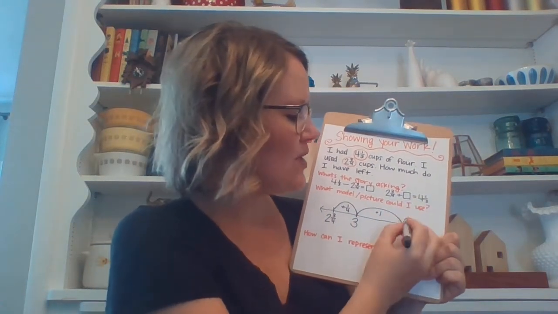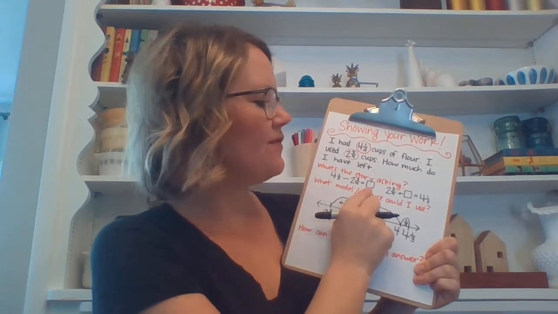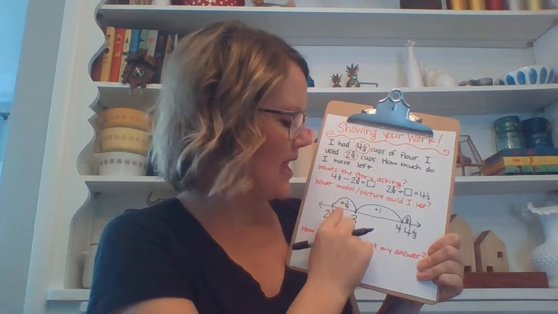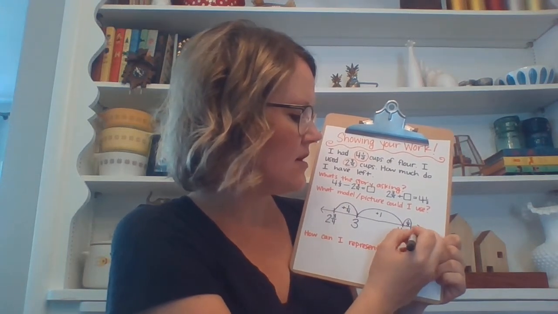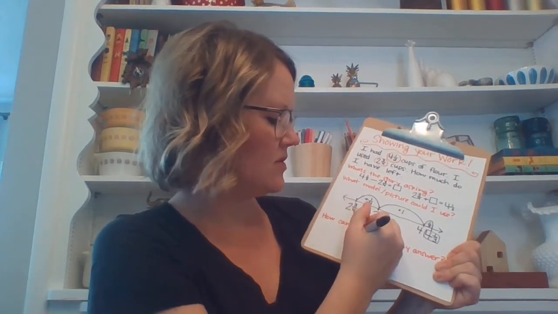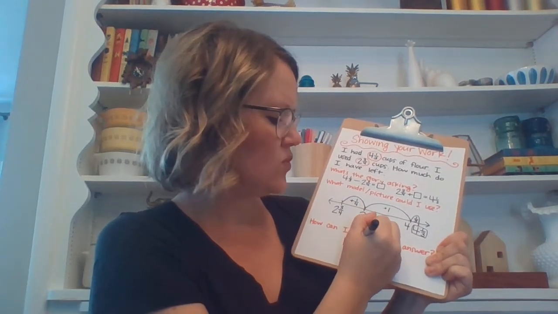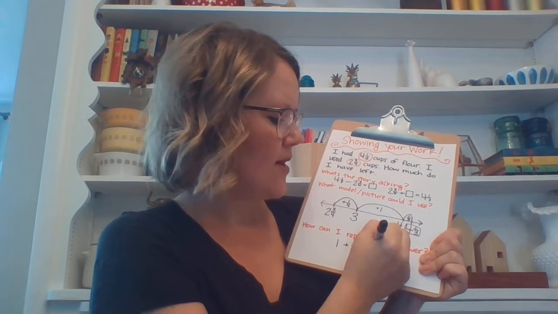Okay, so then I added 1/3, and now I know that the amount in my jumps is the amount of flour that I have left, because when I combine it with what I used, it gets me the amount that I started with. Okay, so now I just have to get my answer, so I have to do 1 plus 1/3 plus 1/4, and that will be my answer.